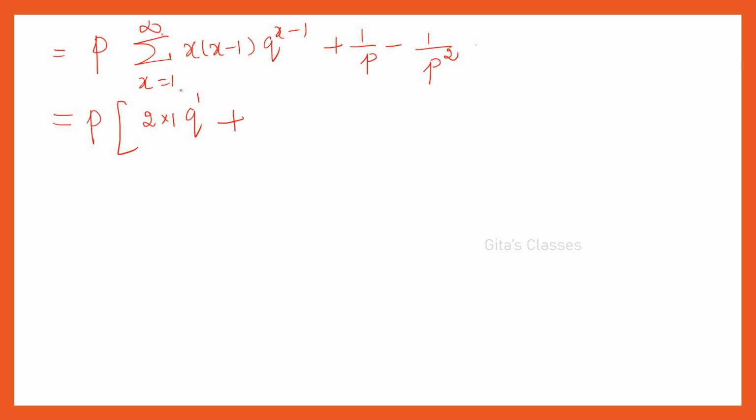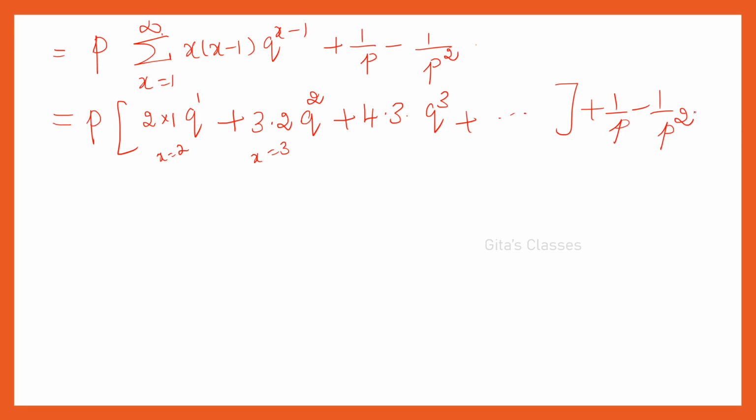Plus, when x is equal to 3, 3 into 2 into q power 3 minus 2, so q squared. Plus, the next term will become 4 into 3 into q cubed, plus etc., plus 1 by p minus 1 by p squared.